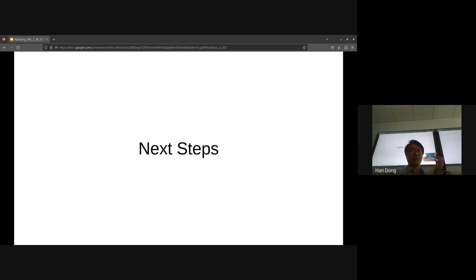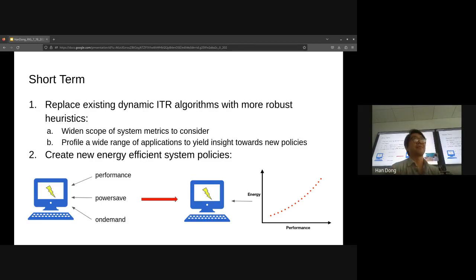And so, the next steps. I broke down after this what the possible ways are that we can start thinking about this problem or applying it. Short-term things I think about: could we replace this dynamic algorithm, because it is something that's more robust, right? Also, Linux collects a bunch of system metrics.